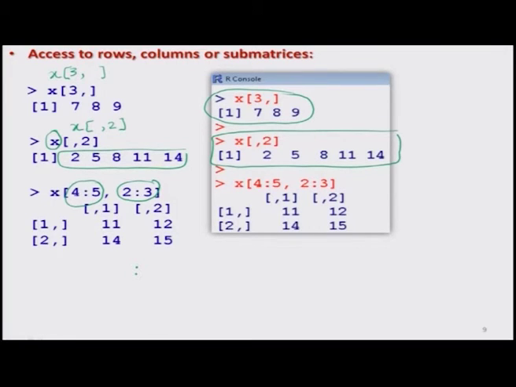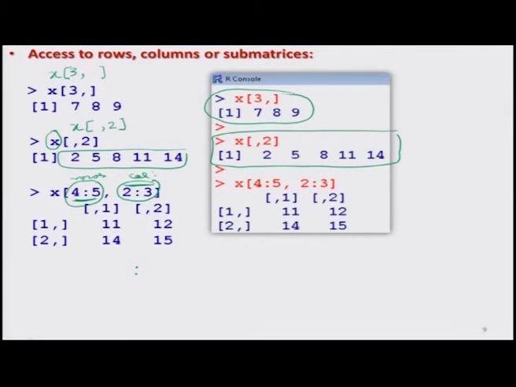So, this is trying to say from 4 to 5, and this is trying to say from 2 to 3. This is about the rows and this is about the columns. So, I am trying to say that I want to extract a submatrix which contains the 4th and 5th rows and the second and third columns.